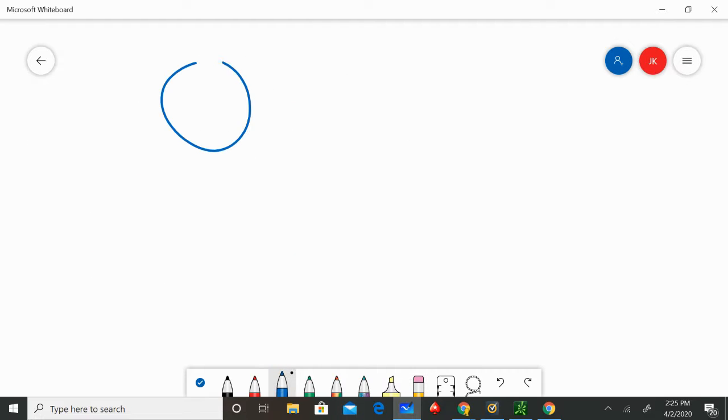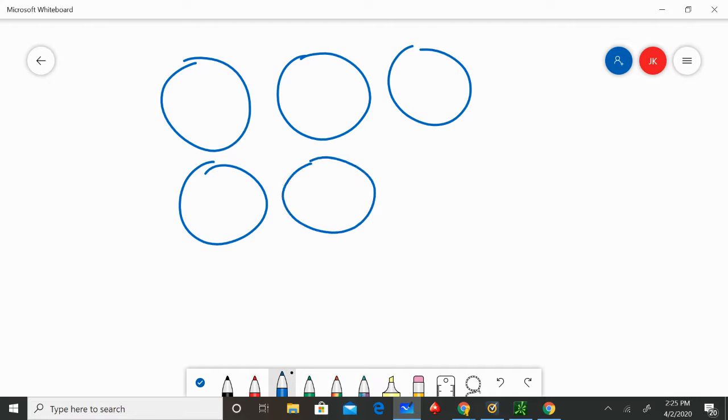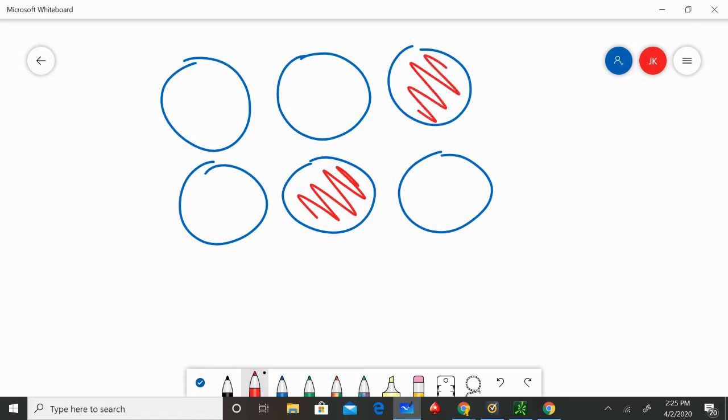I do want to do one more step with you. We sometimes think of fractions as just shapes, but we want to remember a fraction can be applied to a group as well. Let's say we're hanging out with our friends, myself and 5 other friends. We have 6 friends. And the question is, how many people are wearing a red hat? In my group, how many people are there? 6.